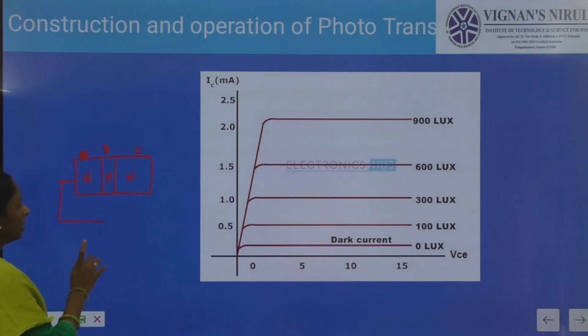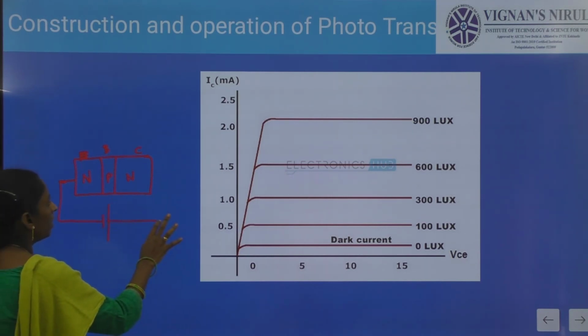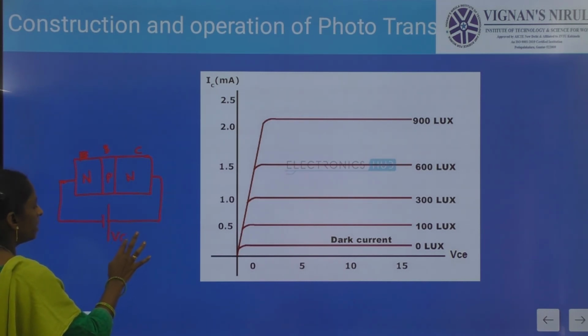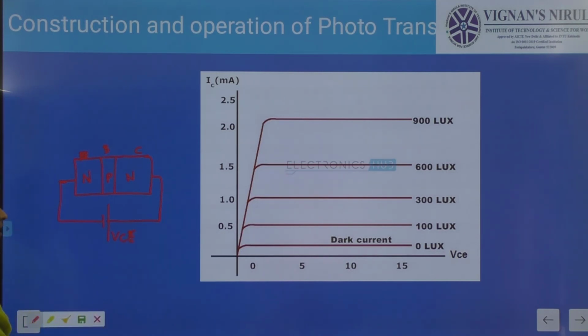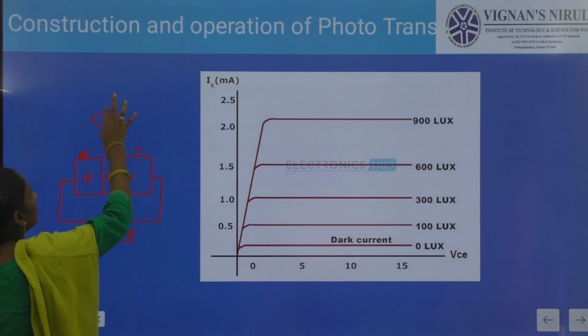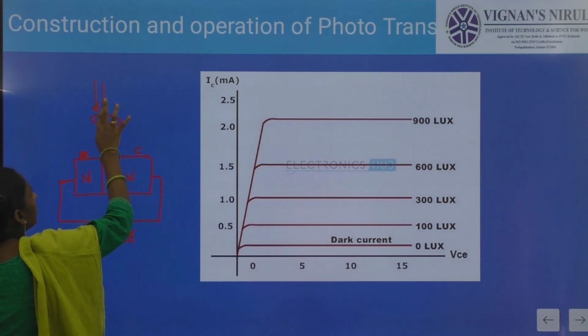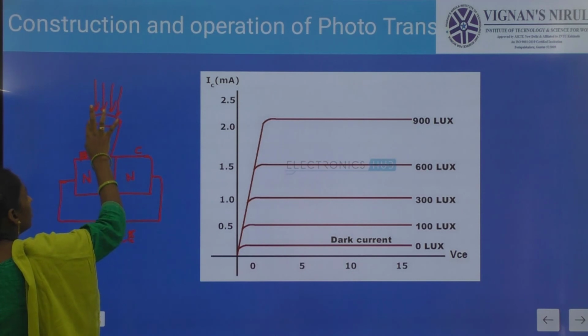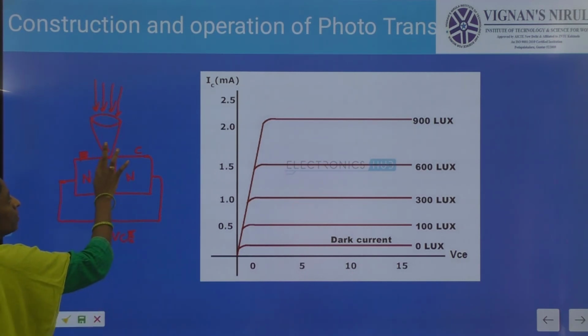So the emitter is negative: apply the negative terminal of the battery to the emitter and the positive terminal of the battery to the collector. Okay, this one is VCE, the reverse bias voltage. There is a lens to allow the light to fall on the base region.